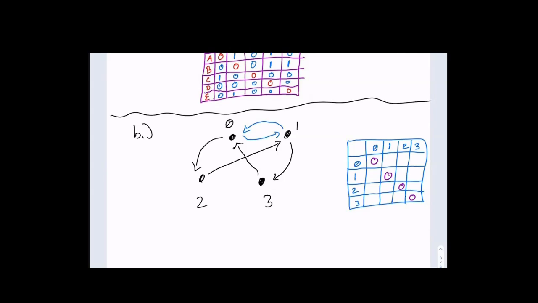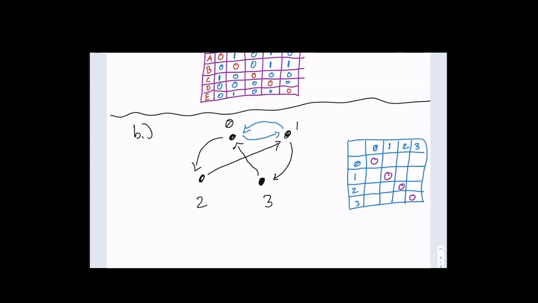All right, so now what? So for the first column, 0, you put a 1 and a 2.